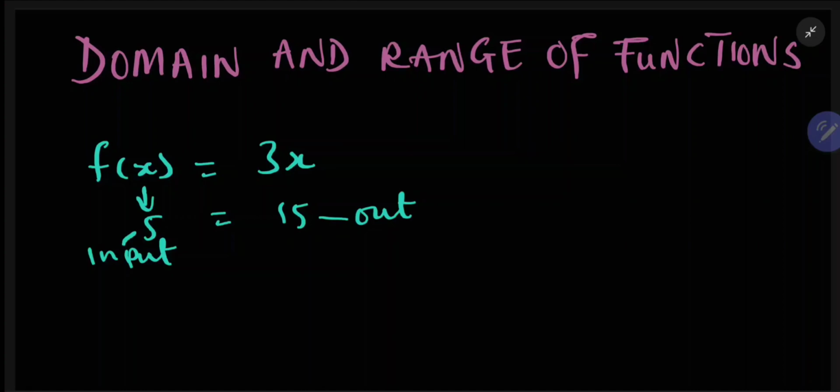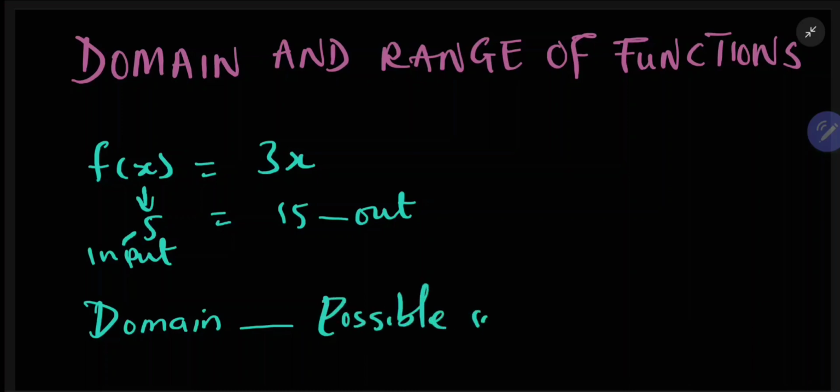Every number you think of would surely give us an output. So the list of all possible input values is called the domain.